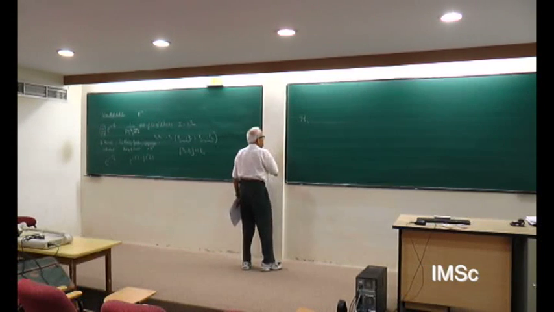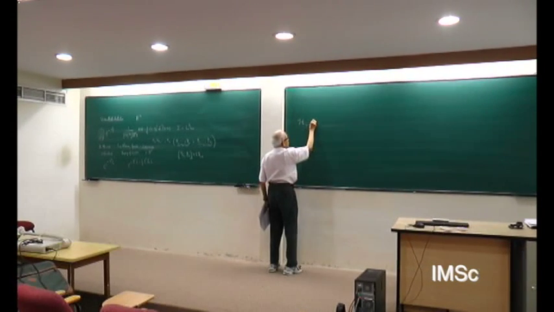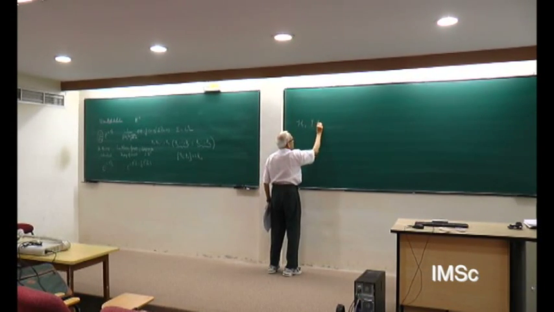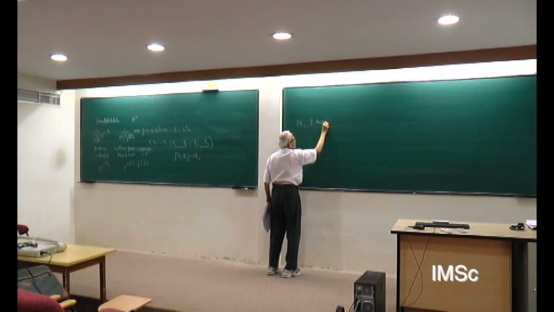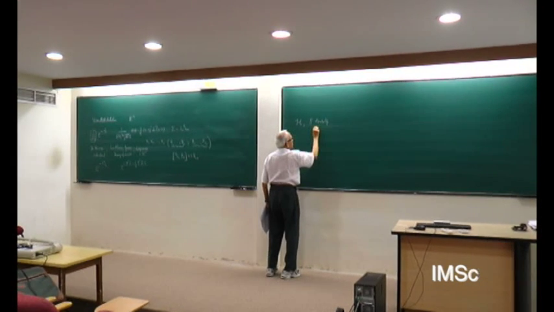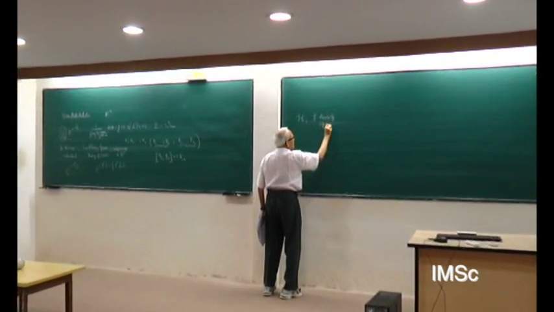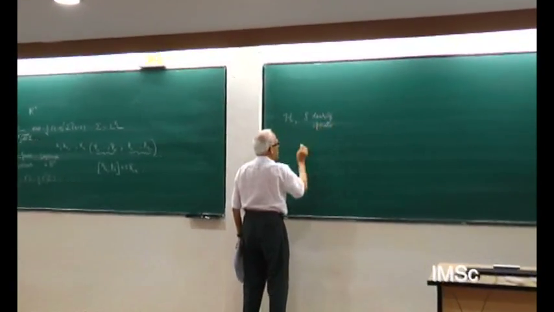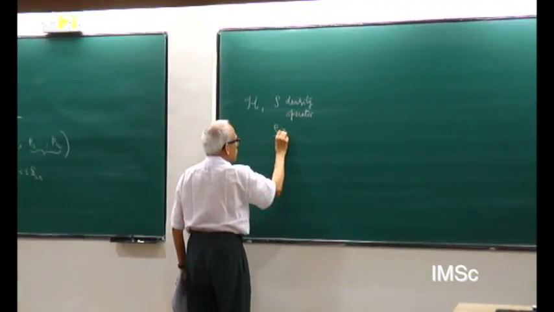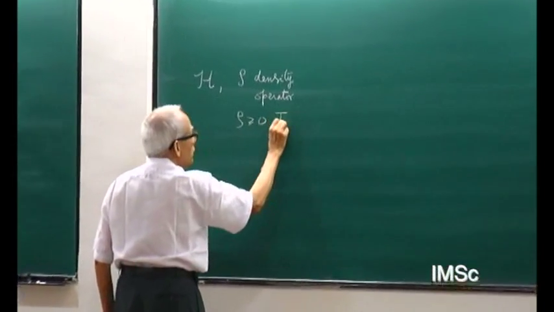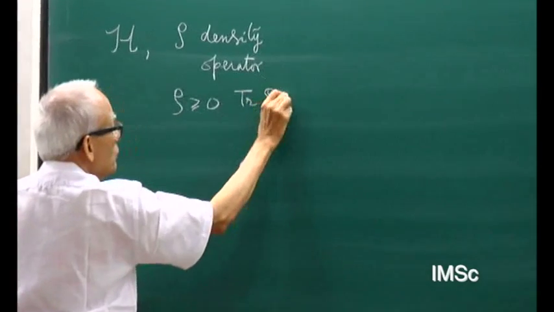Probability distributions are replaced by what are called density operators, which means rho is a positive operator with trace rho equal to 1.